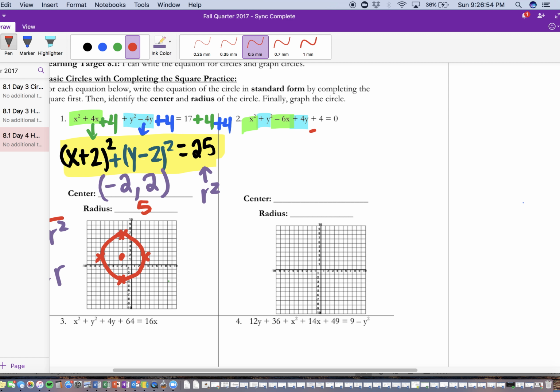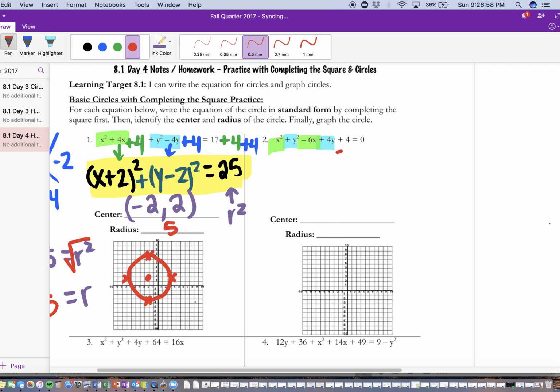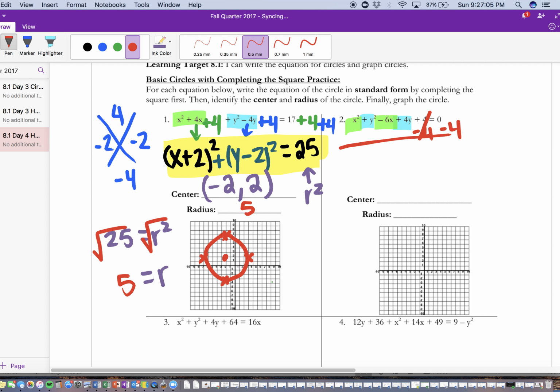So I'm going to subtract 4 on both sides first. Okay, so minus 4 on both sides. That will give me x squared plus y squared minus 6x plus 4y equals negative 4. Okay?